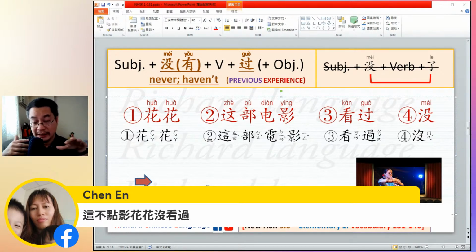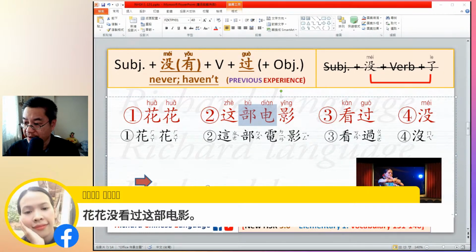这部电影, but you have two typos. 这部电影花花没看过. Very good. 花花没看过这部电影. Good.